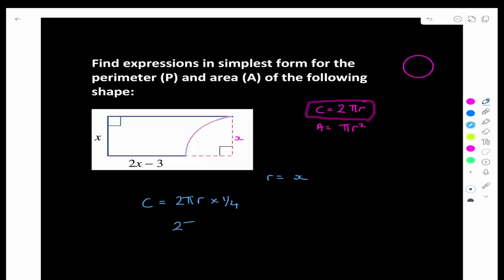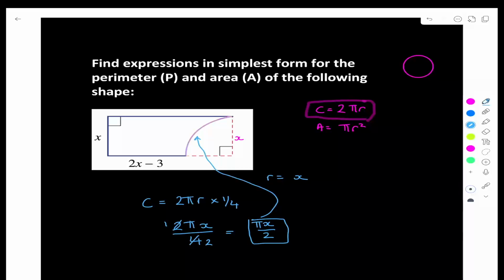So that just simplifies to 2 pi x times a quarter, which is basically 2 pi x on 4. 2 and 4 simplify just to 1 and 2, because 2 goes into both of them. So this just simplifies to pi x on 2. So that represents this section here. Beautiful. So that's our first part.